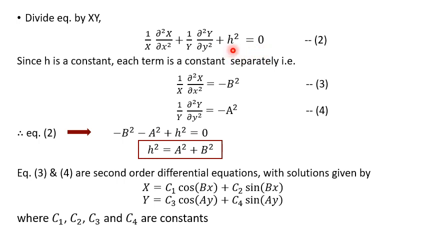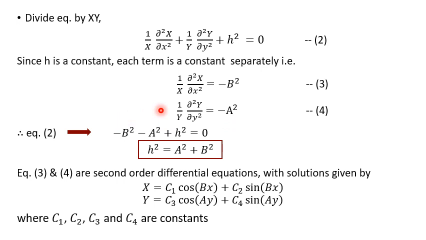Now we know that h is a constant. Since h is a constant and the first term is a pure function of x and the second term is a pure function of y, the sum of these terms is a constant, which means each of these terms is a constant separately. So you can write 1/X ∂²X/∂x² is equal to some constant, minus b², and the second term 1/Y ∂²Y/∂y² is equal to another constant, minus a².